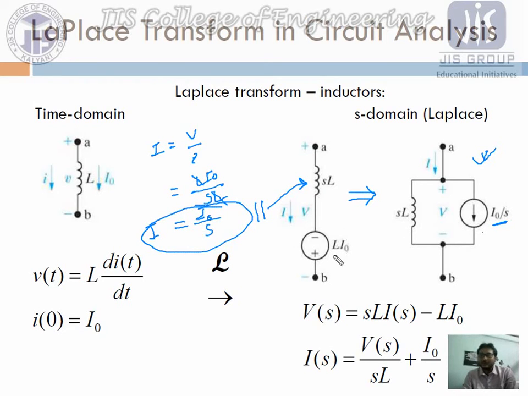If you consider it in series with the voltage source, then the amount of this voltage source will be L into I0, and the inductor should be considered as S into L. And if you consider it in parallel, it will be I0 divided by S amount of current source in parallel with S into L amount of inductance.